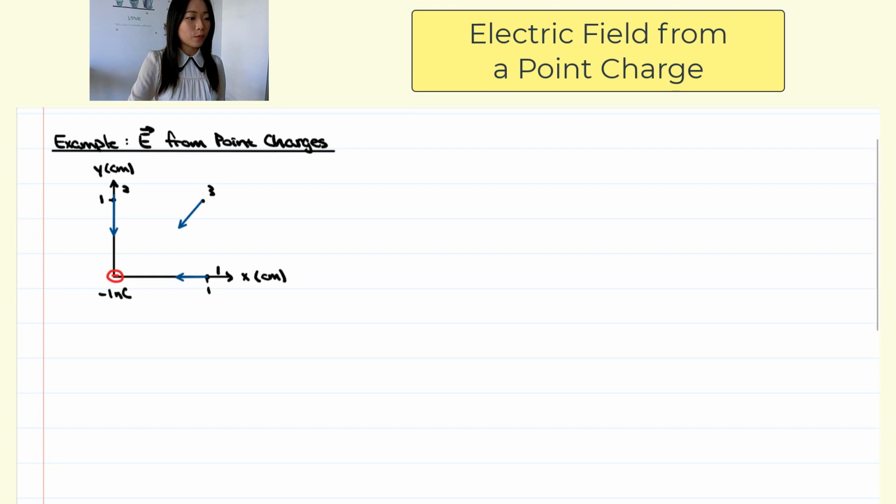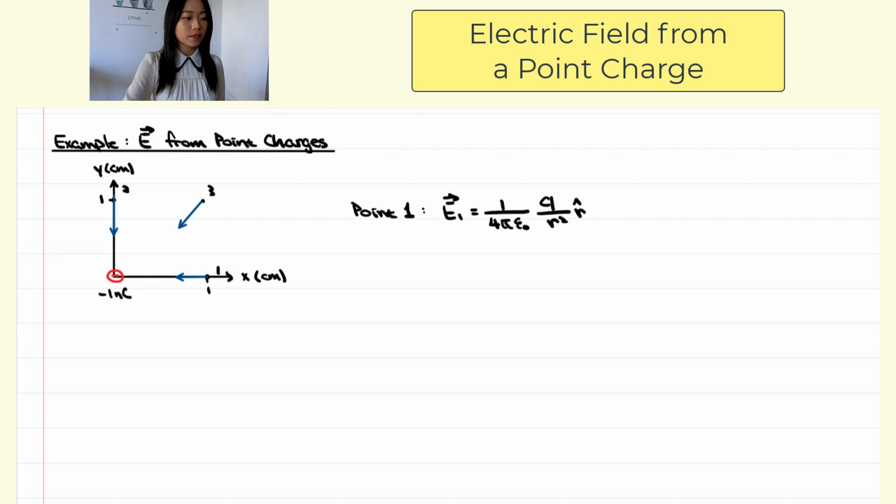Now let's determine the magnitude of the electric field. Let's start with point 1. The electric field is the constant 1 over 4 pi epsilon naught times the source charge divided by the distance to the point squared times r hat. The constant in front is also equal to Coulomb's constant, 8.99 times 10 to the power of 9.